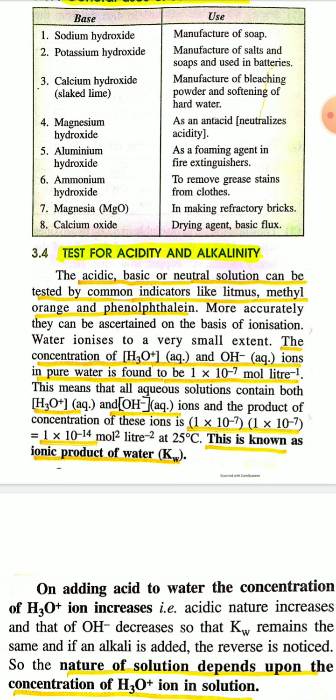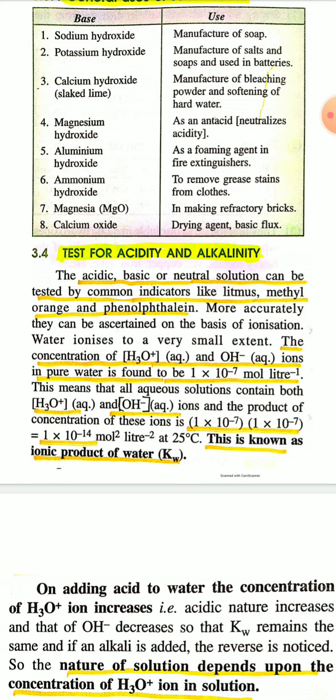So 1 x 10^-14 is the multiplication of concentration of H3O+ ion and OH- ion in pure water. Okay, and this is known as ionic product of water, which is represented as Kw. That is Kw is equal to concentration of H3O+ ion into concentration of OH- ion, where within the third bracket means concentration.